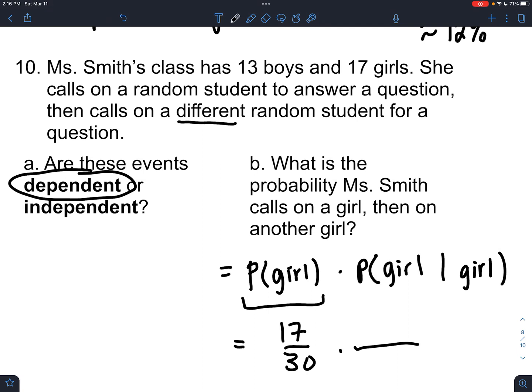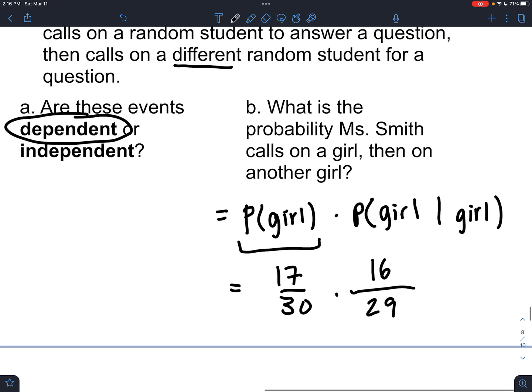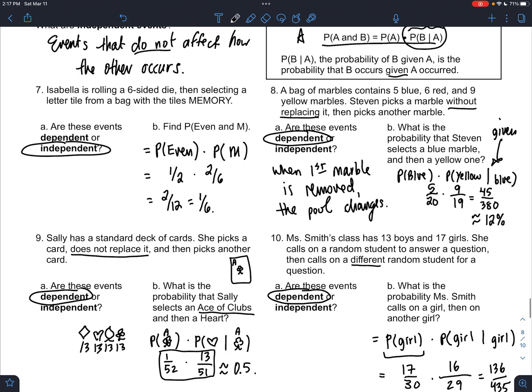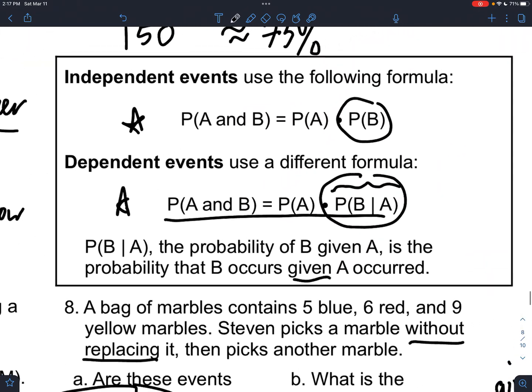So you'll see that the first probability is simply just 17 out of 30. But this one is going to be, let's see, how many girls are left after you remove a girl from the set? There's only 16 left. And there's only 29 classmates left. So this is equal to 136 over 435, which is about 31%.